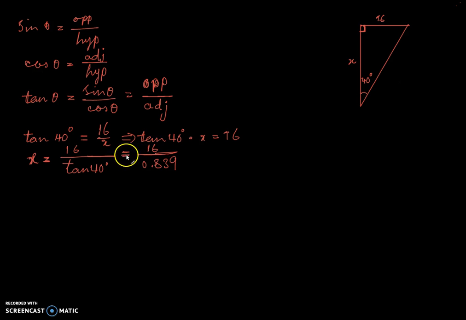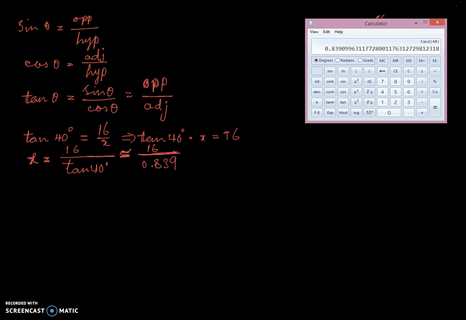And because it's an approximation, I use the approximation sign. 16 divided by 0.839. And now you can calculate it, which is 19.07.